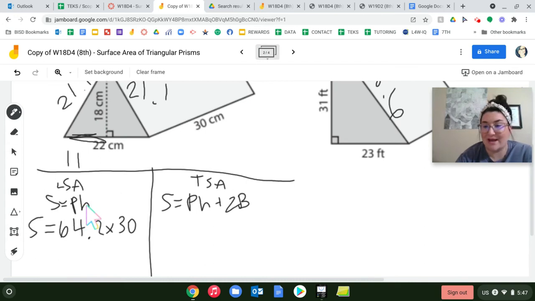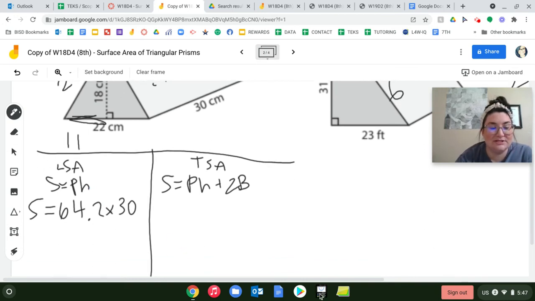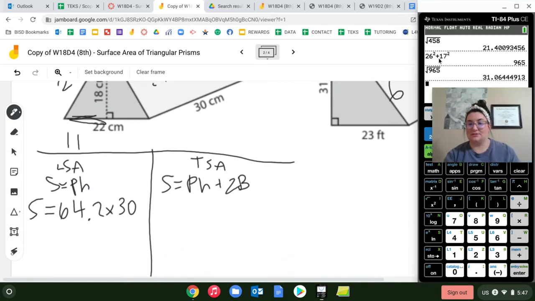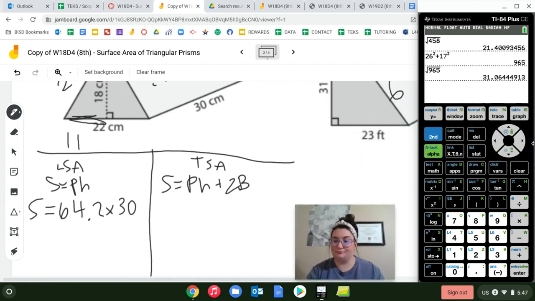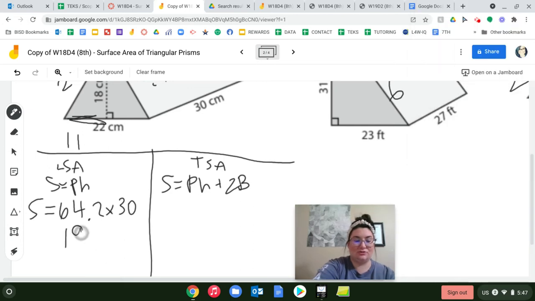Remember, this is lowercase, has nothing to do with the base. It's the height of the prism. So 64.2 times 30 is going to give you 1926. Just like before, that is our lateral.